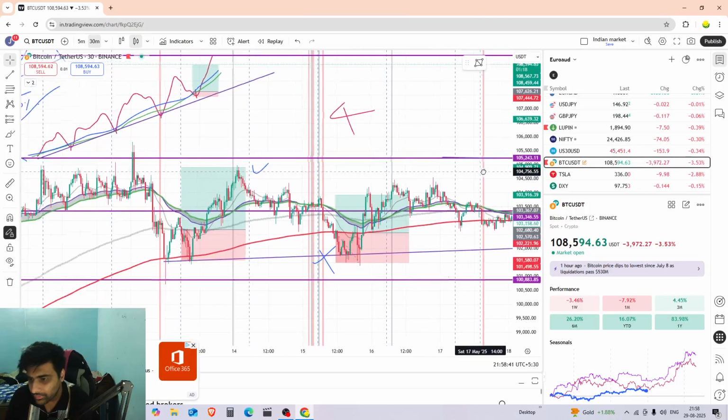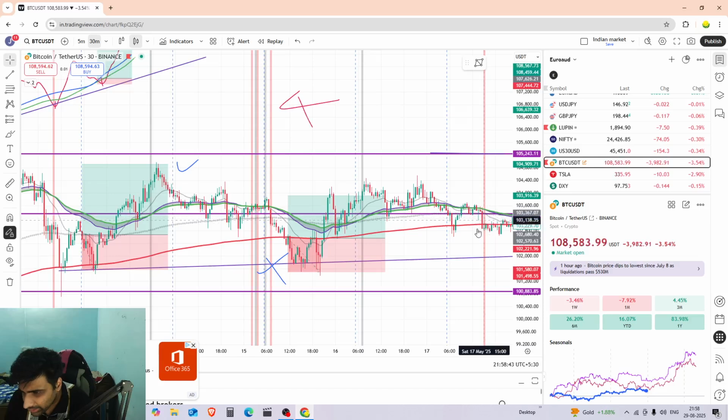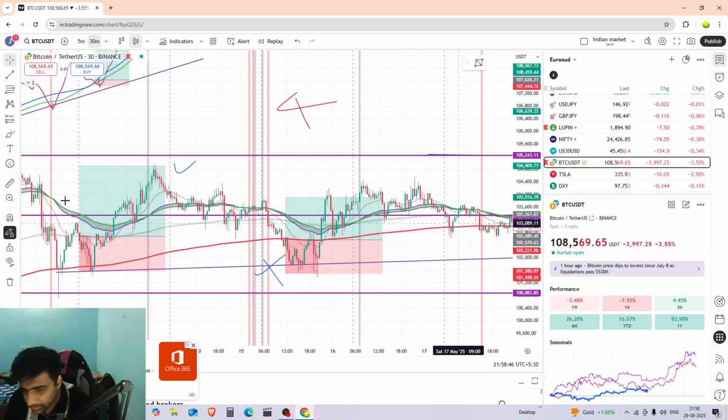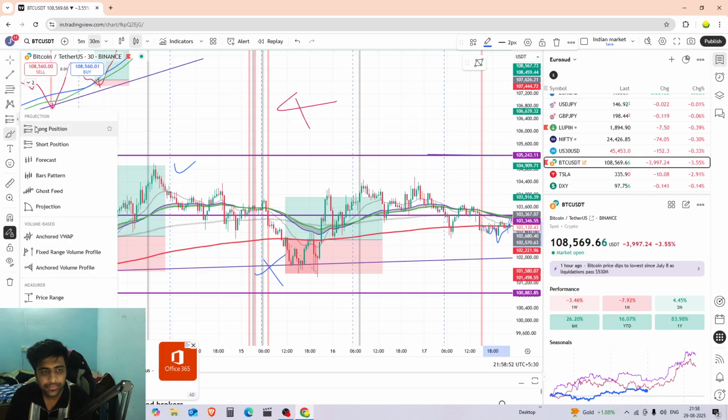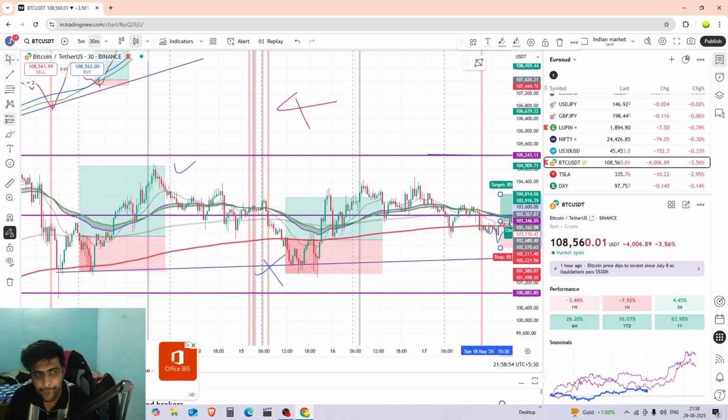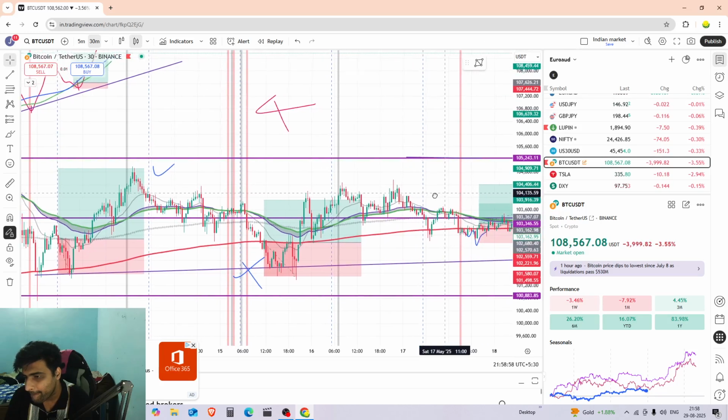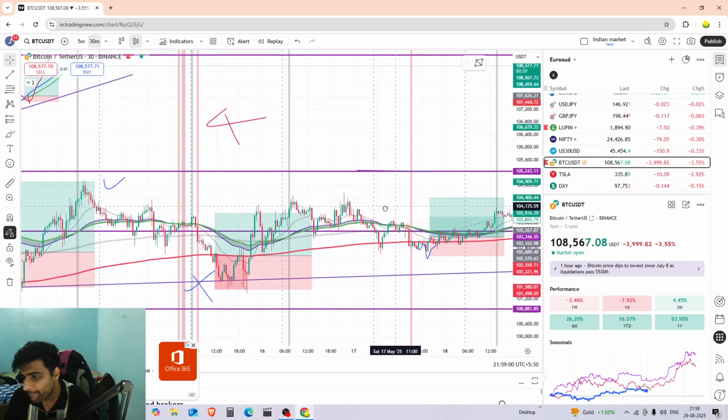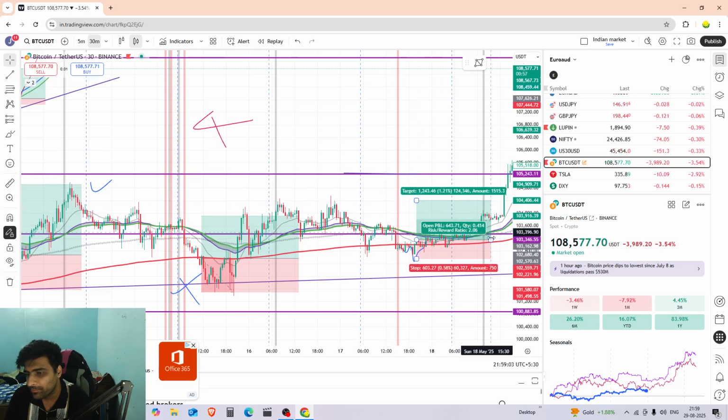Even here, if you see very clearly, you will notice that there was a double bottom right here. Okay, and you can go long here. Boom.